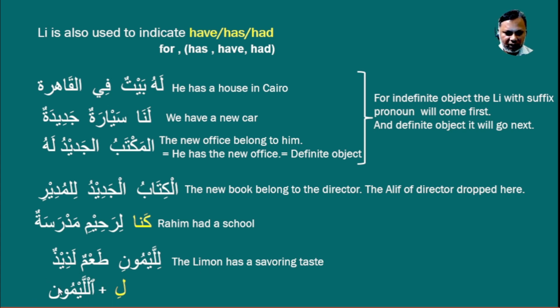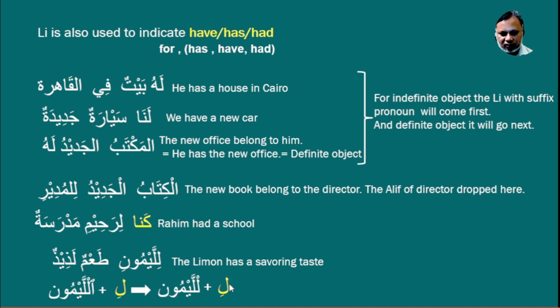Now in order to attach this li with this, the rule is that this alif will drop out. Then if this alif drops out, the remaining part is this lam with sukun, then lam with shadda, and this li will need to attach.